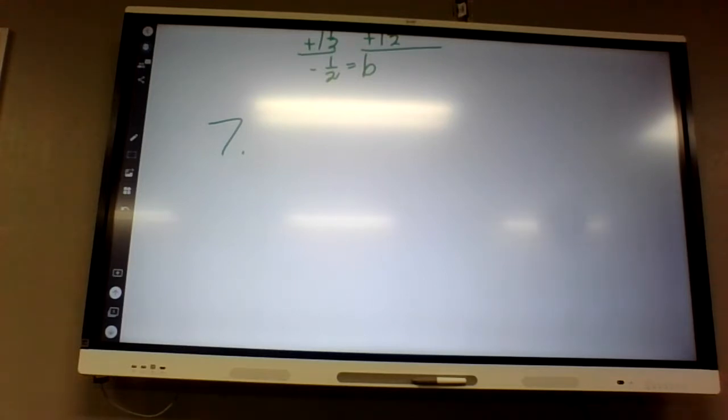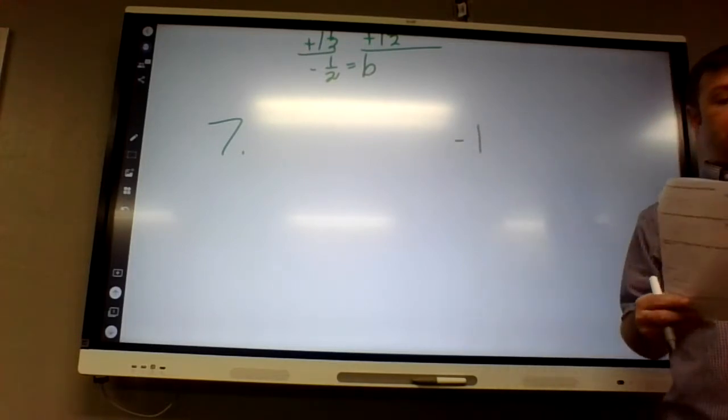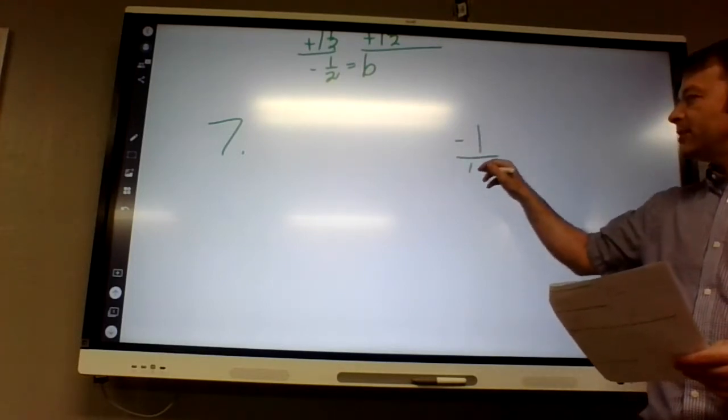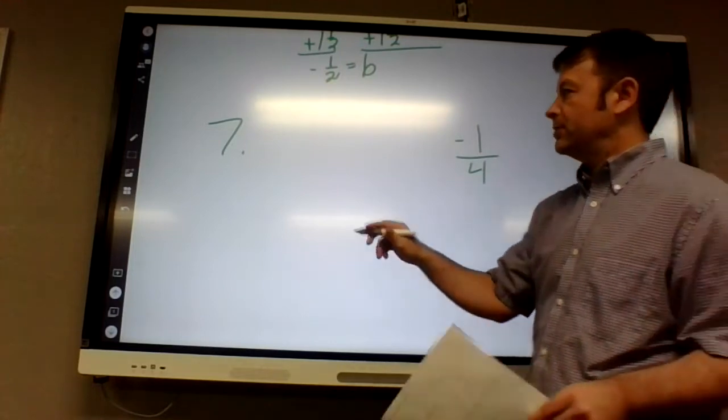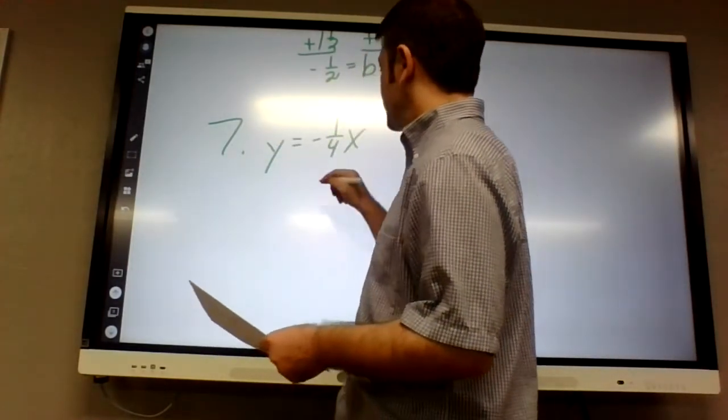So the rise is -1. What is the run from that point to the other? 4. So the rise over the run, the slope is -1/4. So y equals -1/4 x.